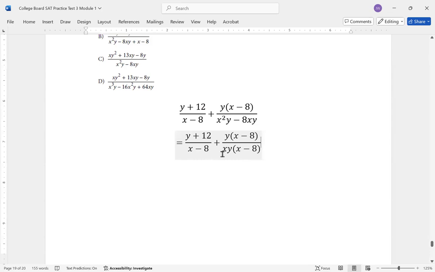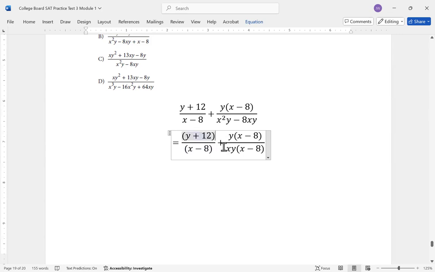Now, if I wanted to add two fractions, I need common denominators. So what I'm going to have to do on this first fraction is multiply both the top and the bottom by an xy. The denominator here already has a copy of x minus 8, so this doesn't need anything else.